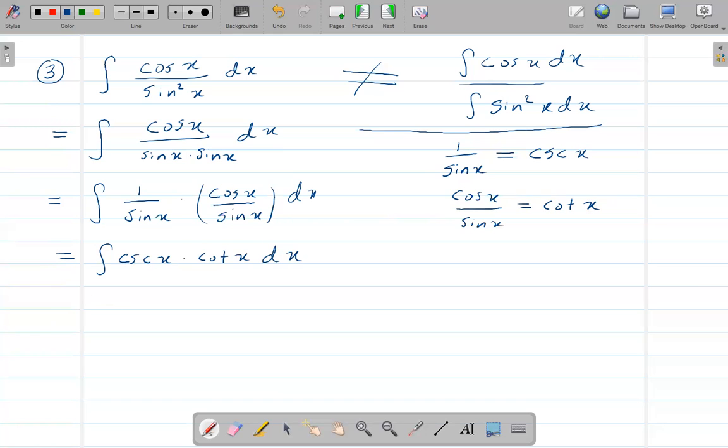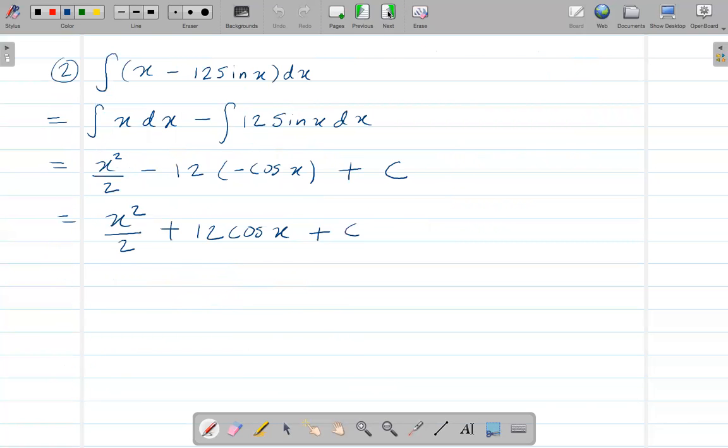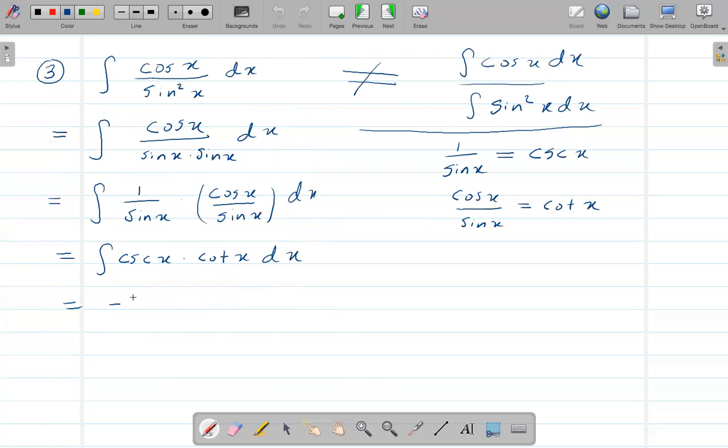Right? Now, when we see this, it looks similar to what we have from our formula. Cosec x times cotangent x, and when you take the integration of that, it's negative cosec x. Right, so yeah, there you go. So this is negative cosec x plus c.